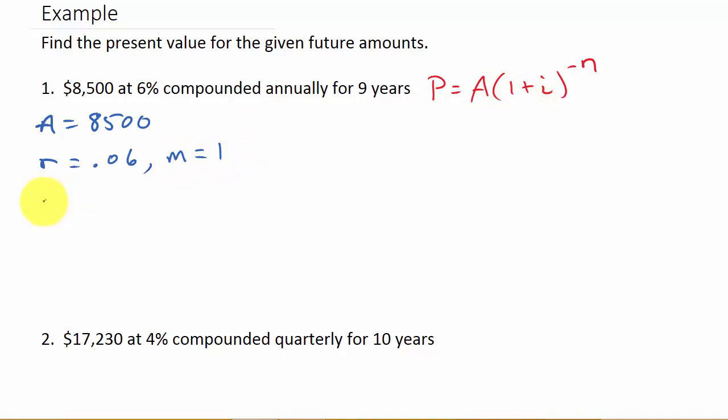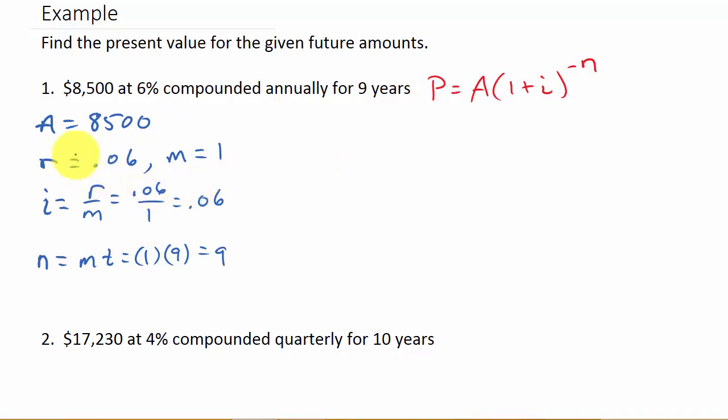Now we need i, which is r over m, so 0.06 over 1, which is 0.06. And n is equal to m times t, which is 1 times 9 years, and that equals 9. So now we have A, i, and n, and we just plug everything into our formula.